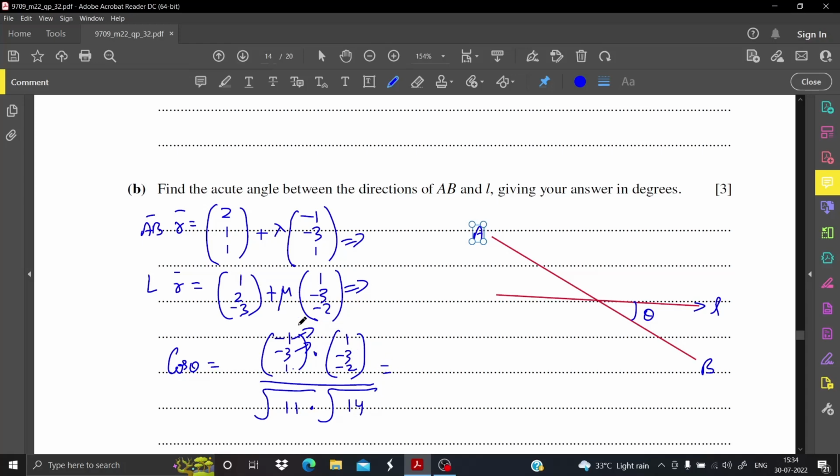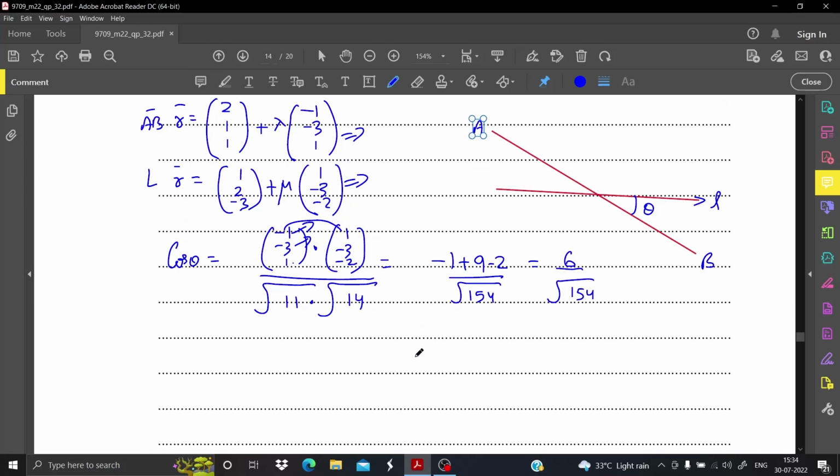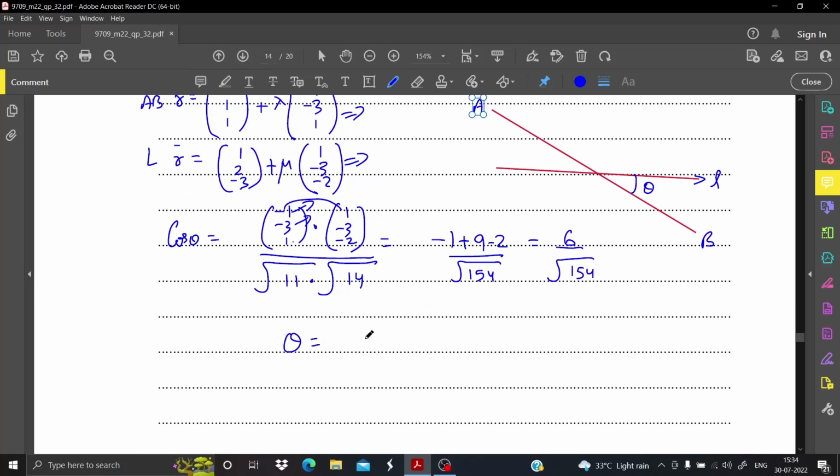The dot product, you know how to do it. You multiply the x and x: so minus 1 plus 9 minus 2, over root 11 times root 14, root 154. So that will give you 6 by root of 154. Therefore, the angle theta is cos inverse of 6 by root of 154.